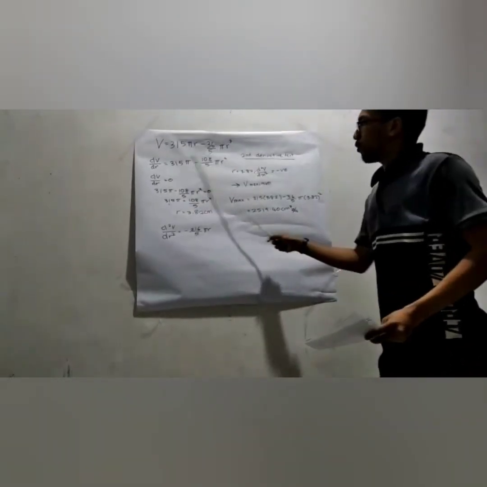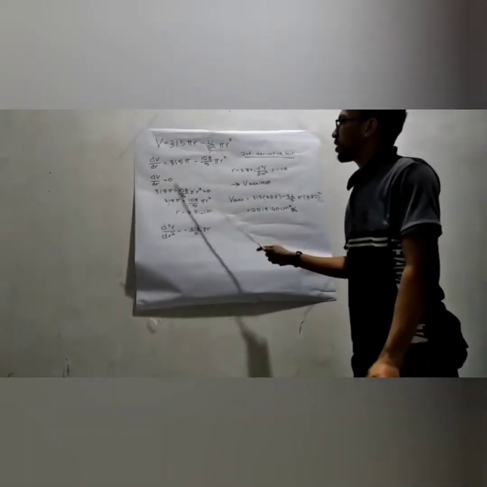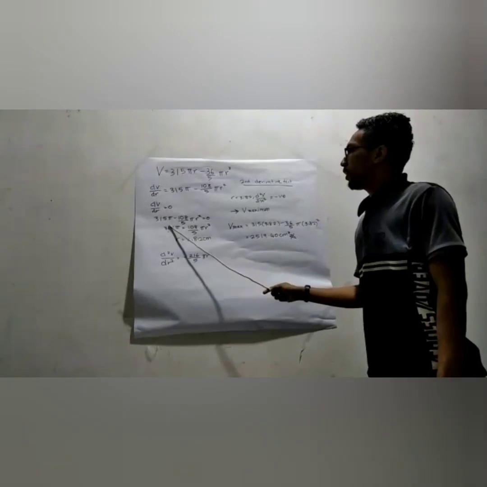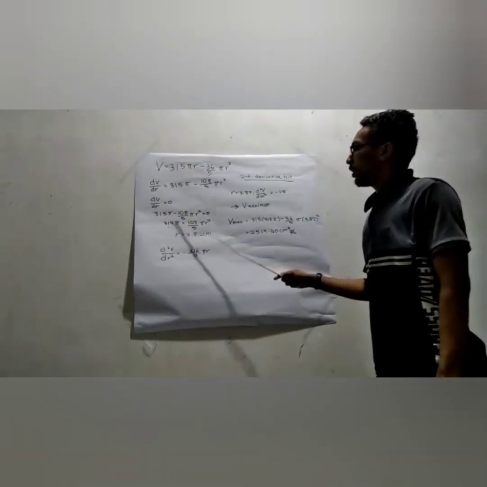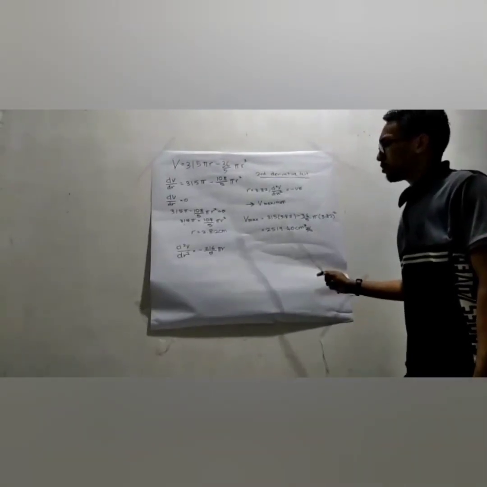We must set it equal to 0. So 315 pi minus 108 over 5 pi r squared equals 0.